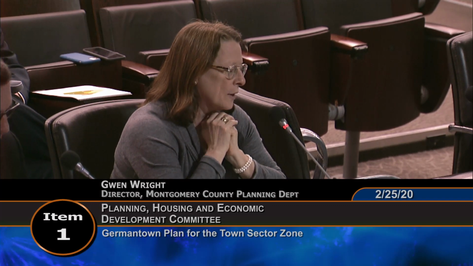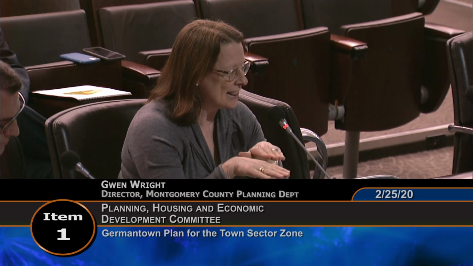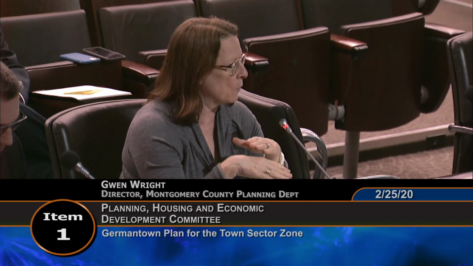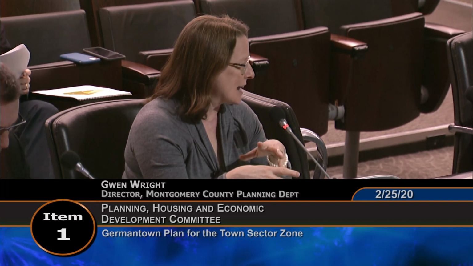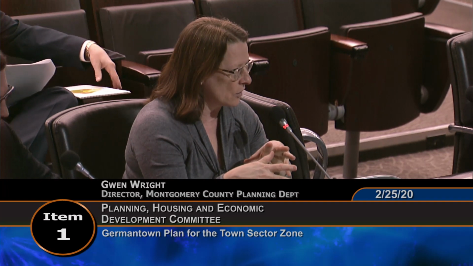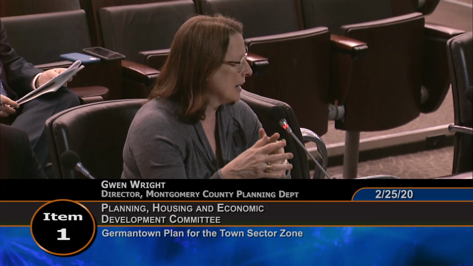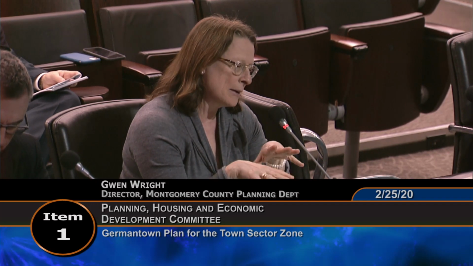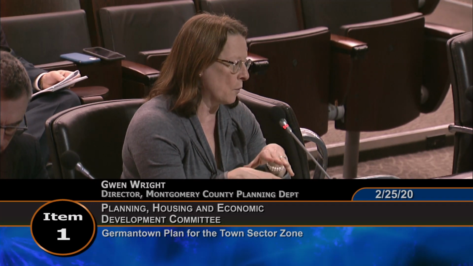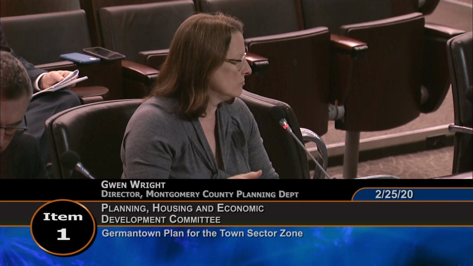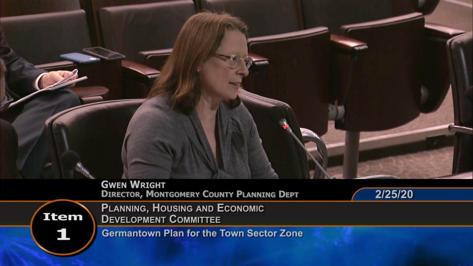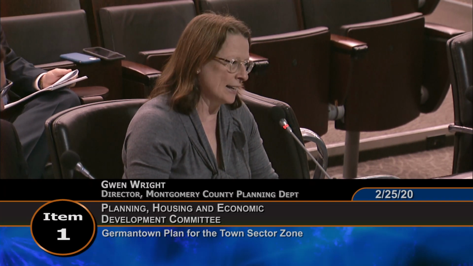And so we, however, eliminated that zone when we did the zoning rewrite, and we substituted instead new zones like the CR zones that have the same capability. But because we eliminated the town sector zone, when this one expired in 2018, we had to go in and say, okay, what would be the correct zones to translate it to?